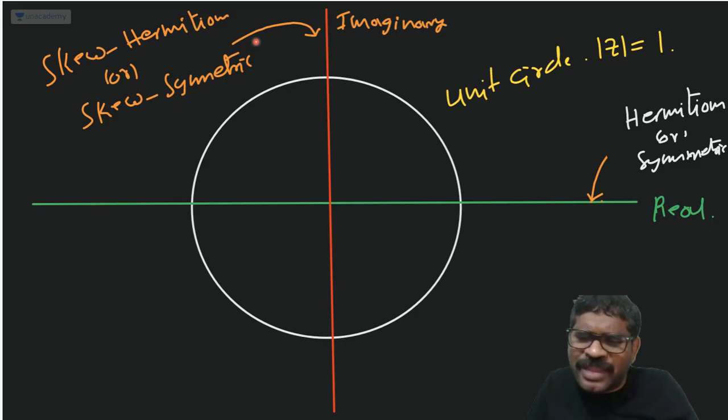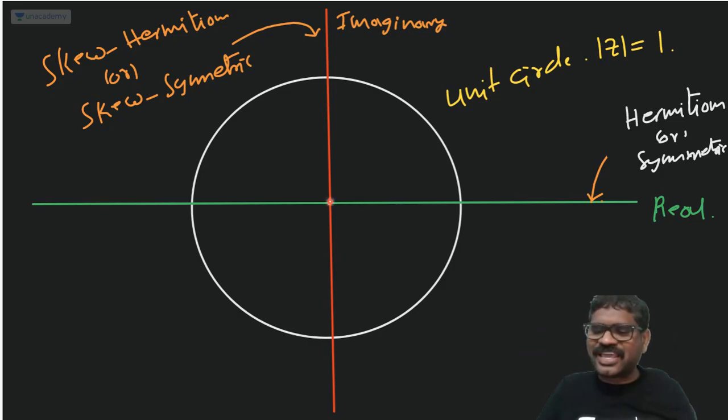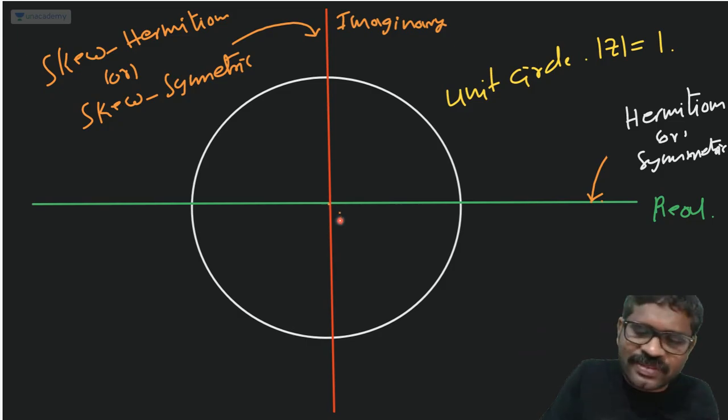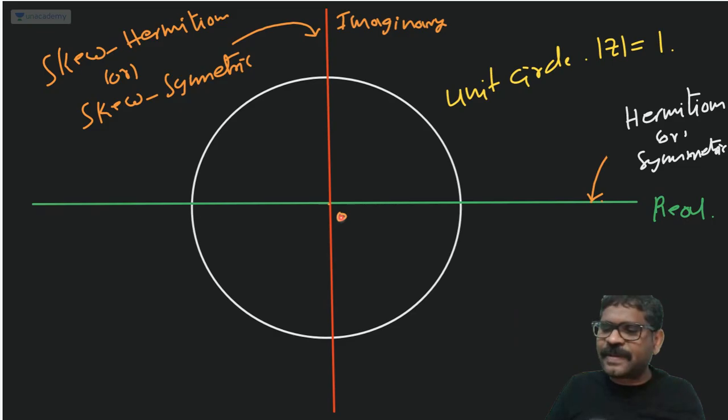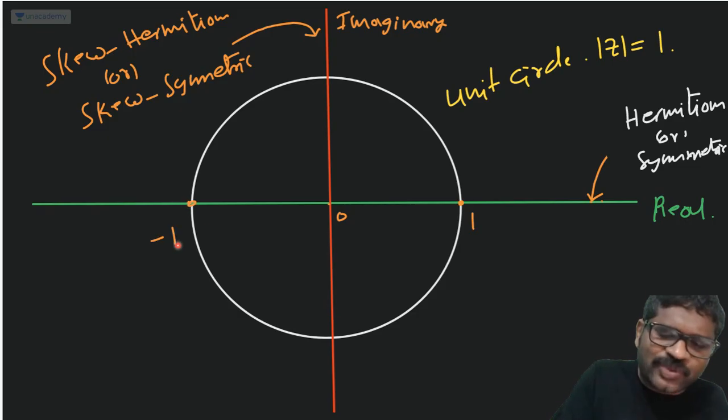Sir, can 0 be an eigenvalue of Hermitian? Yes. Can 0 be an eigenvalue of skew Hermitian? Yes. Because it is the point of intersection. Catch my point? This is 0. Now, what about this point? This point 1. This point minus 1. This point i. This point minus i.